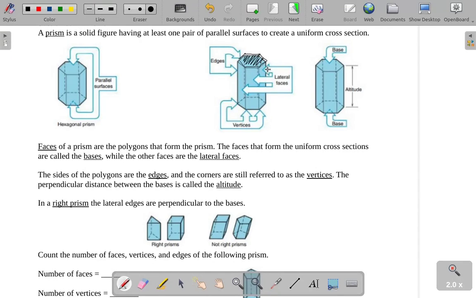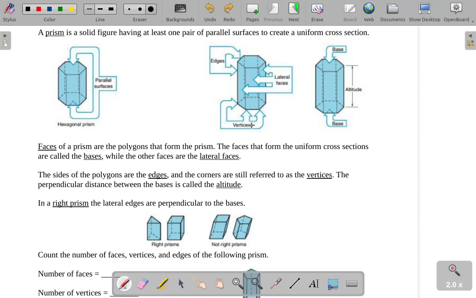So this would be a face of this prism. This one right here is a face as well. Now, if I wanted to be more specific, I can talk about the lateral faces. These are the faces on the side of the prism. And then I have these faces we would generally describe as the bases. That one and this one down here would be the two bases.